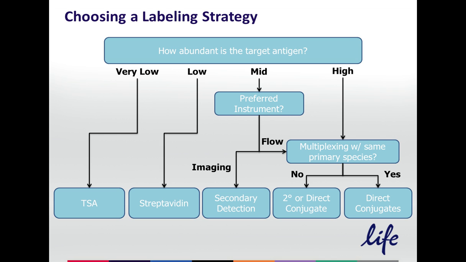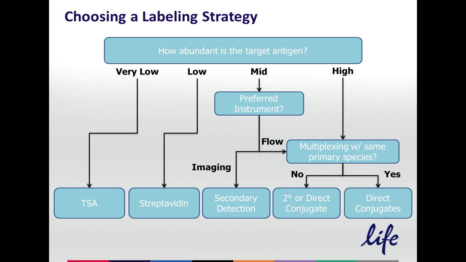Are the cells that you're detecting very rare, and is the target very low expressing? If it's a low expressing target, then you're going to want to use streptavidin, or maybe even tyramide signal amplification there on the left. Most targets will use a standard secondary detection, so sort of a mid-level there.